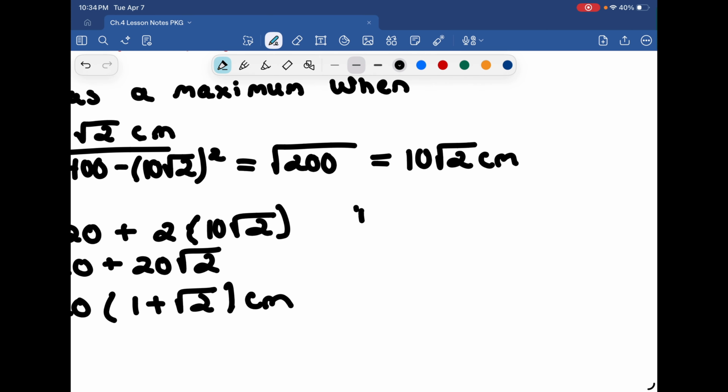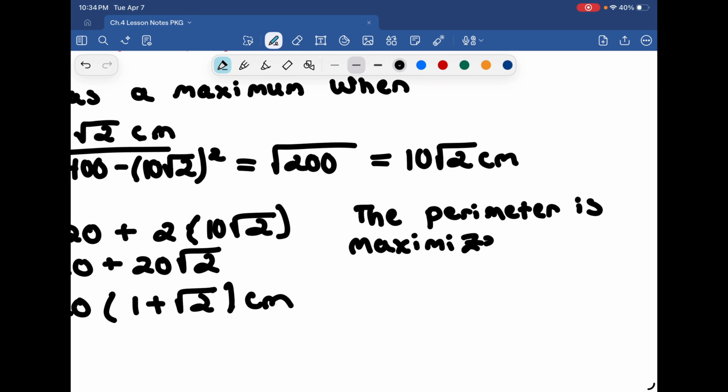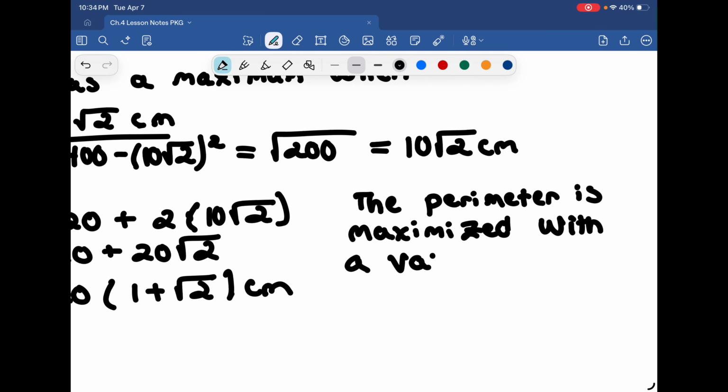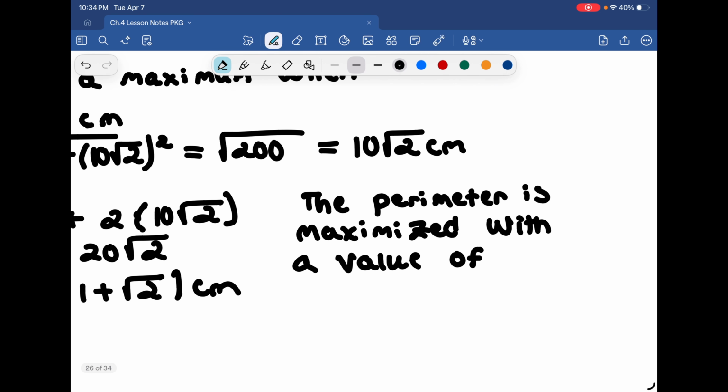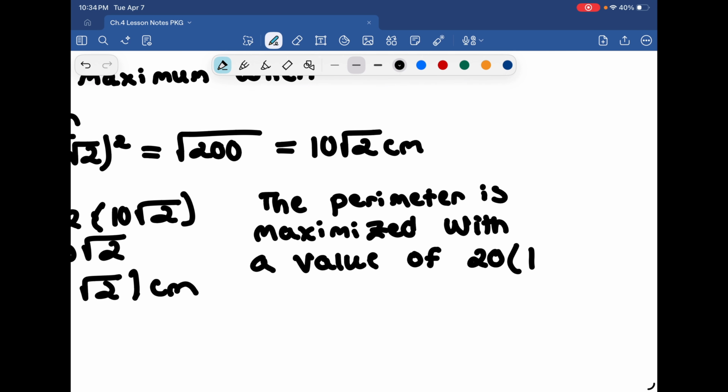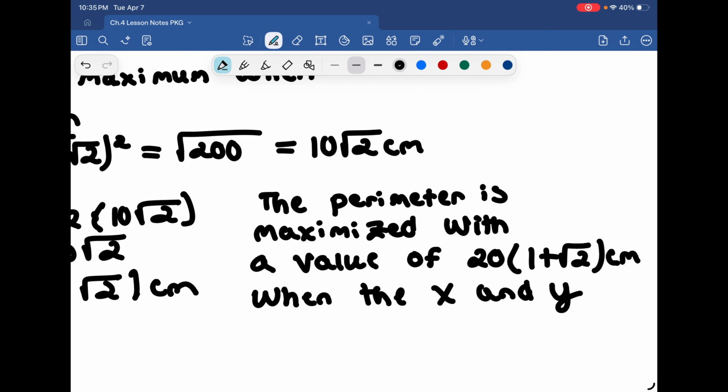So the perimeter is maximized with a value of 20 times 1 plus root 2 centimeters when the x and y are 10 root 2 centimeters.